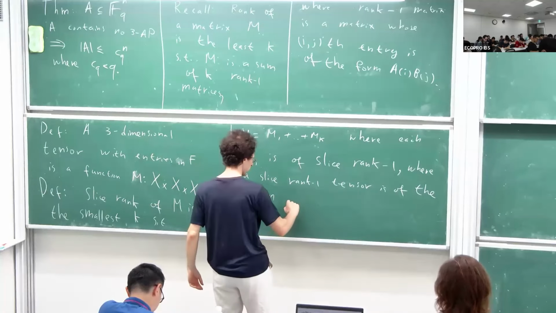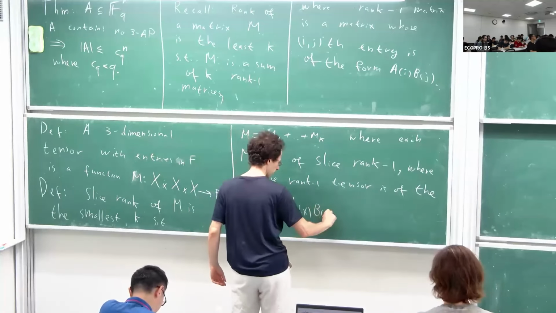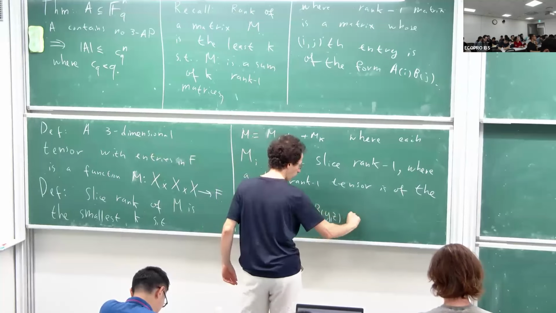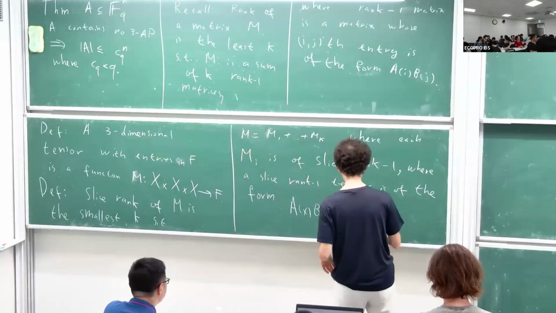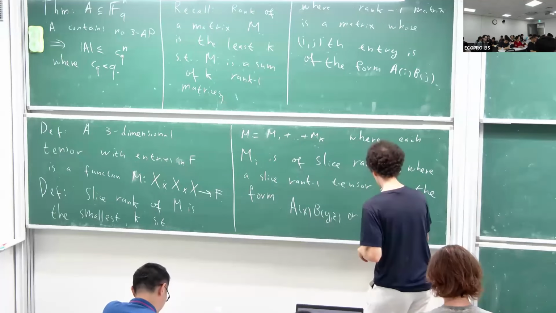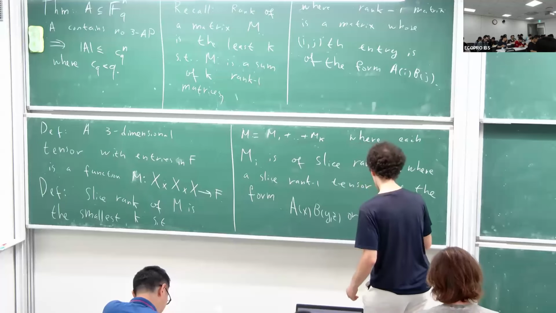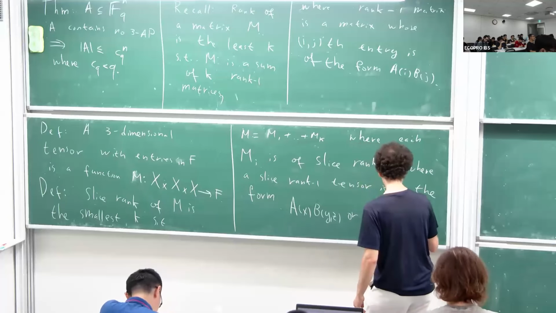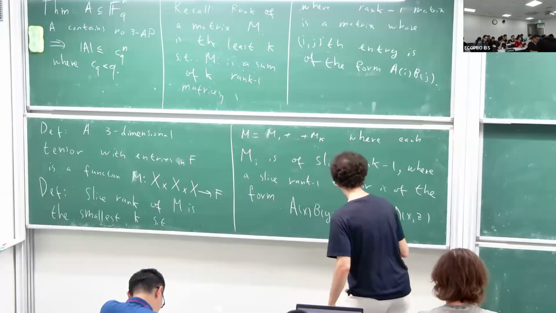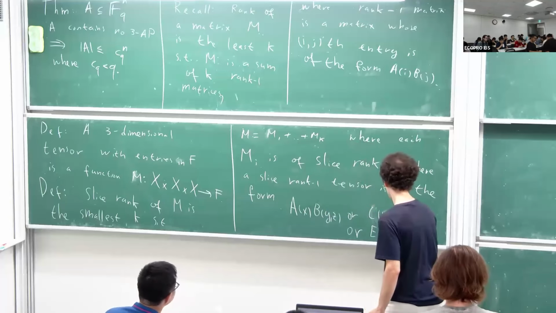It's of the form a(x) b(y, z), or you can factor it as b(y) c(x, z), or c(z) d(x, y).